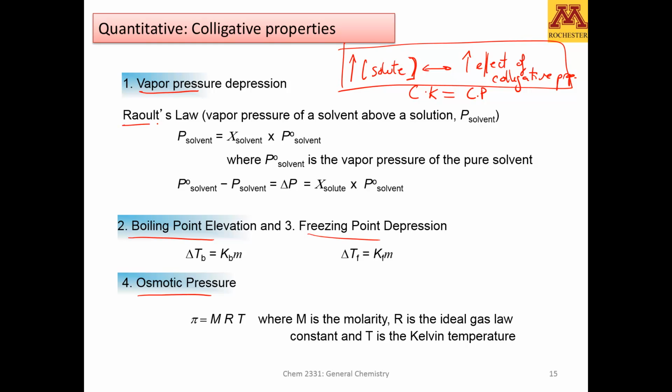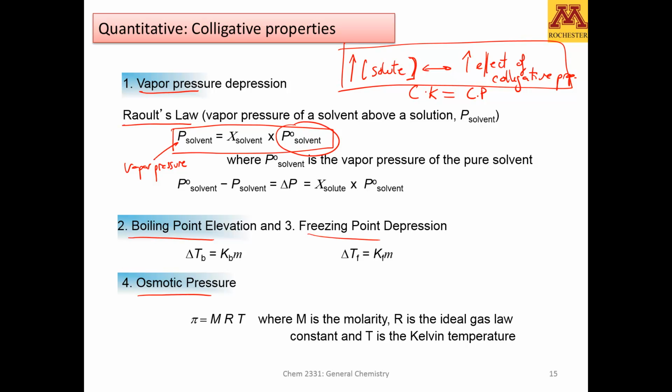So let's talk about vapor pressure. You have something called Raoult's law, and it says that the partial pressure of vapor, specifically the partial pressure of the solvent, is proportional to the pressure that the solvent would have if it did not have the solute.